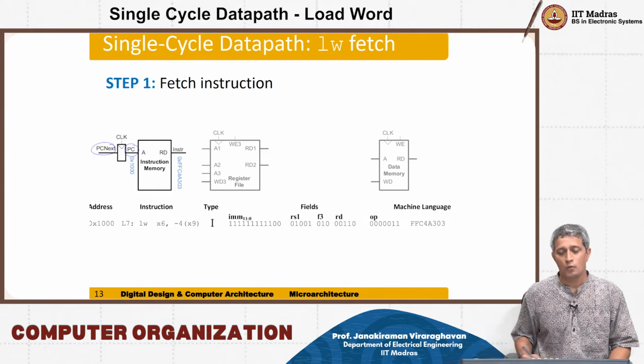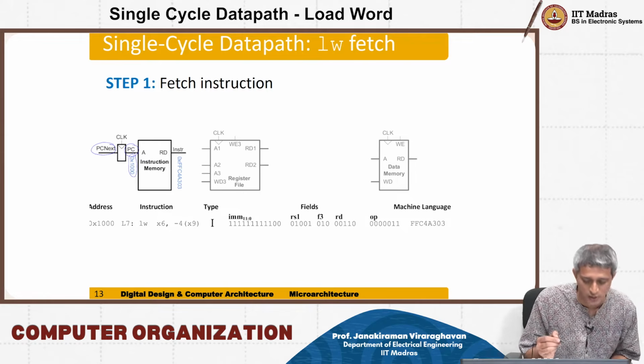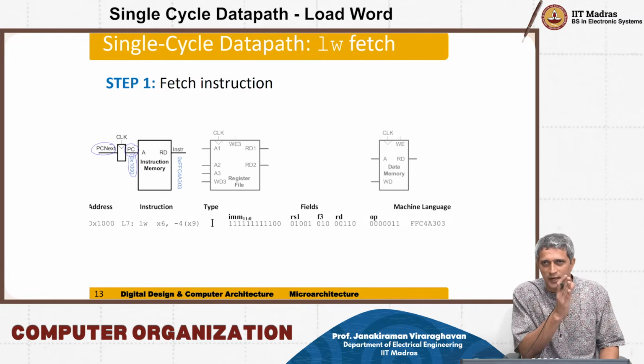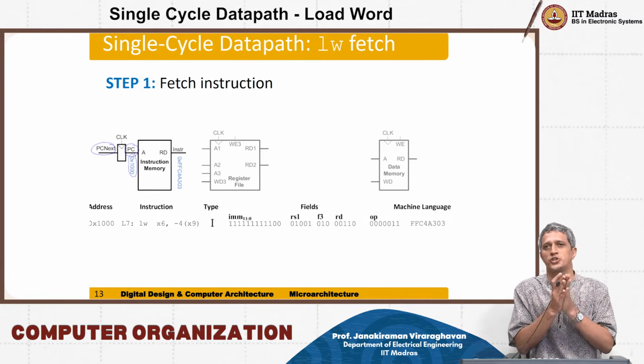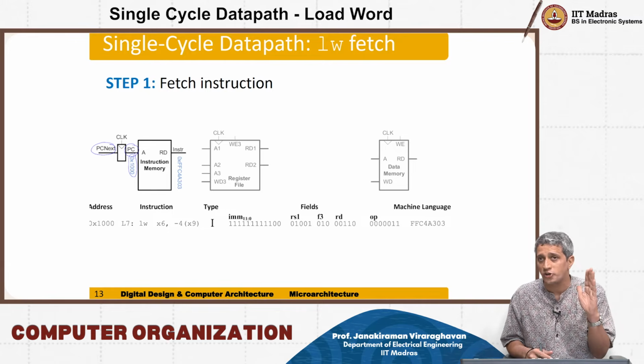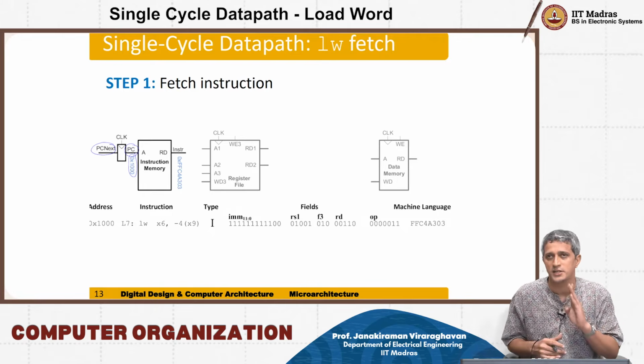Okay. So what we have therefore done now is given this 0x1000, and on the clock edge, it has latched that data, and then the instruction memory now has the address available. Remember, the instruction memory and the data memory, just like your register file, is combinational read.